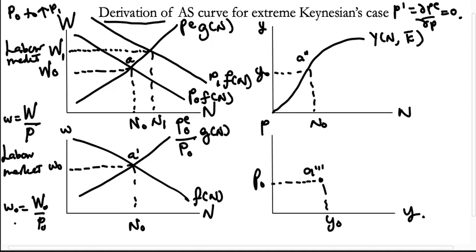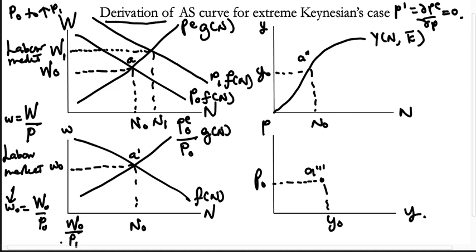Now you look here, initial real wage is small letter W0, this one here. It is nominal wage W0 capital letter divided by actual price P0. Now actual price has increased. So you look here, W0 over P1, and this one increases.